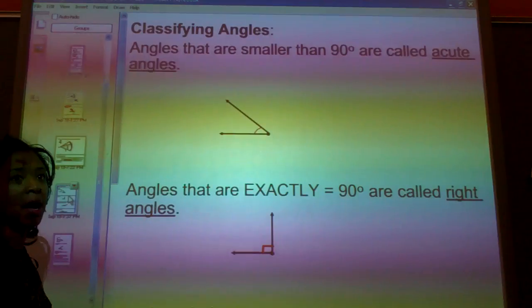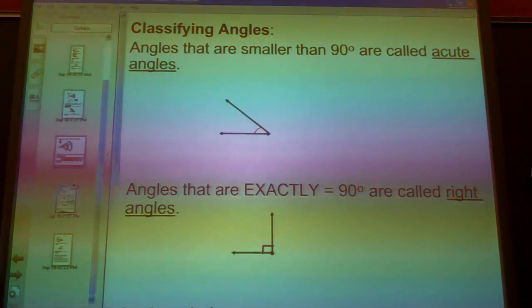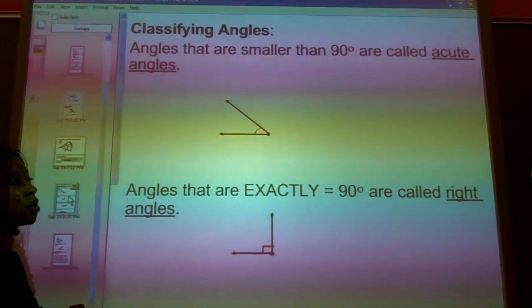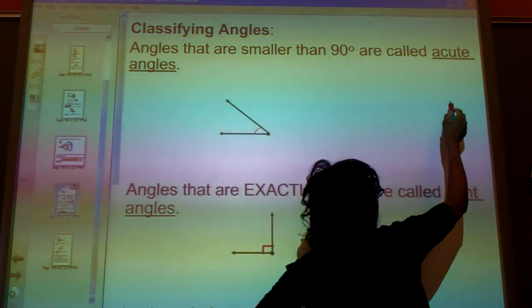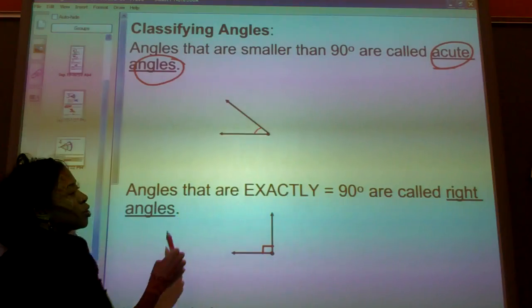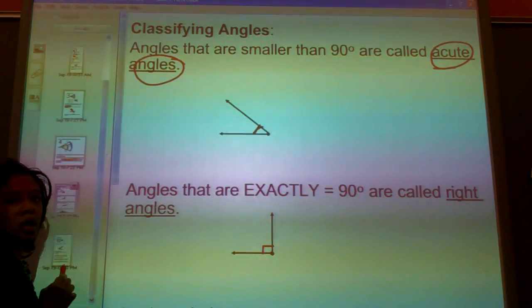Finally, classifying angles. We have 4 types of angles that we can classify. Angles that are small and lower than 90 degrees are called acute angles. That means the angle measure is going to be below 90 degrees.